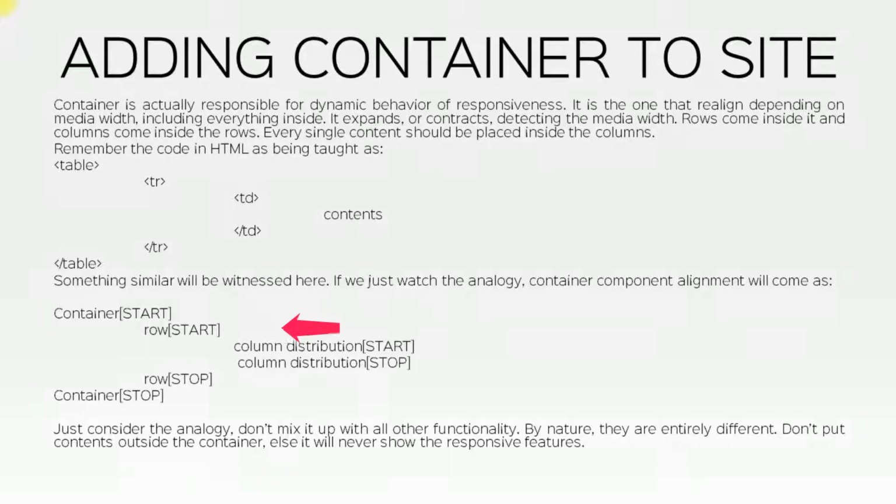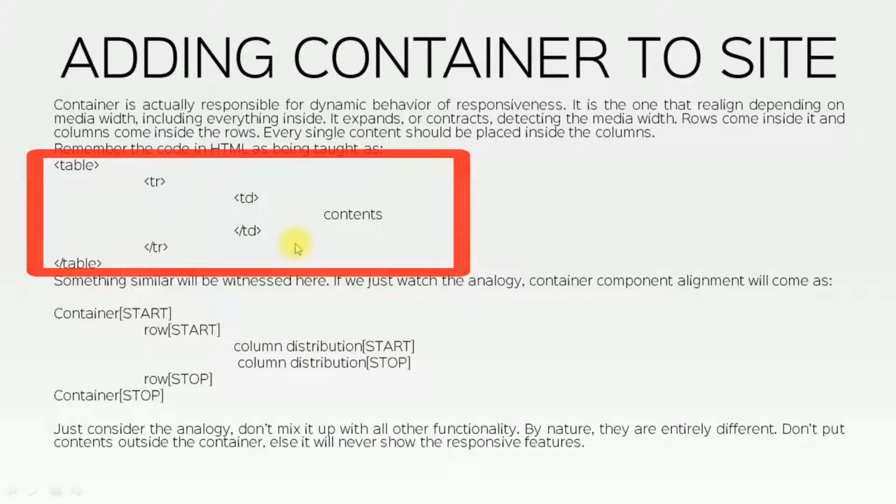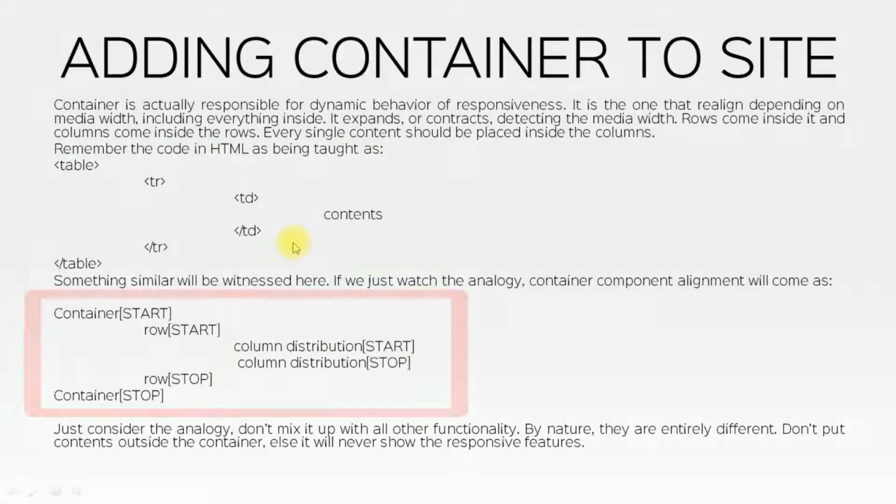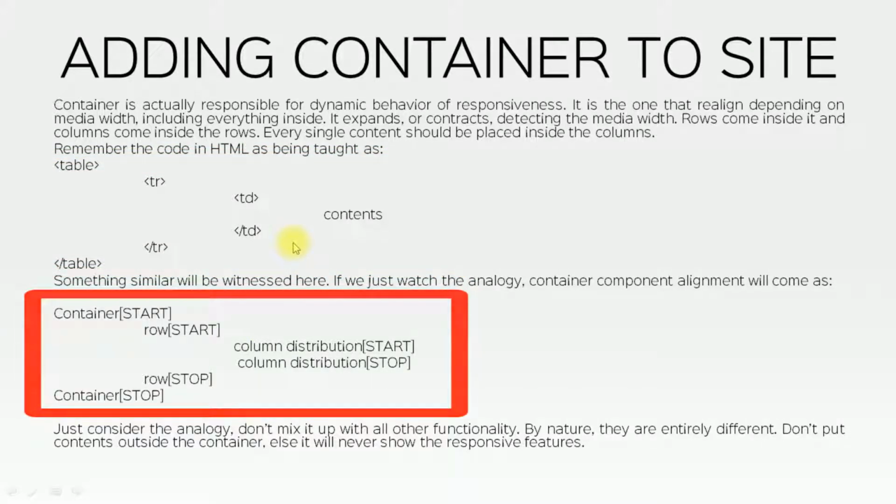Now you may place rows inside a container, or you may not use it. That depends on project criteria, what kind of gaps you need over there. And every column comes inside these rows, and every single content in turn should be placed inside these columns. Now something similar will be witnessed here. If we carry on with this analogy, the HTML table element and a Bootstrap container element, both of them are not the same.